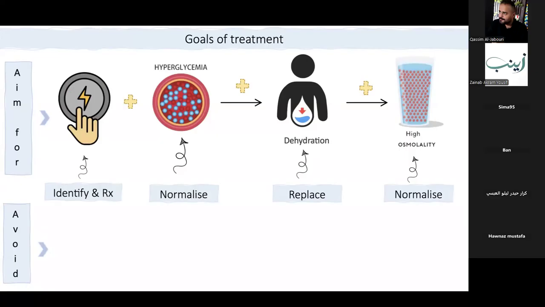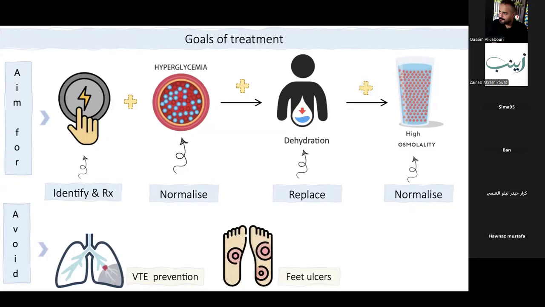And while you are treating the HHS, you need to avoid the complications that come with it, namely venous thromboembolism. So patients should be adequately checked for signs of VTE, and prophylaxis should be prescribed. They should have their feet inspected because they are at high risk of developing foot ulcers.